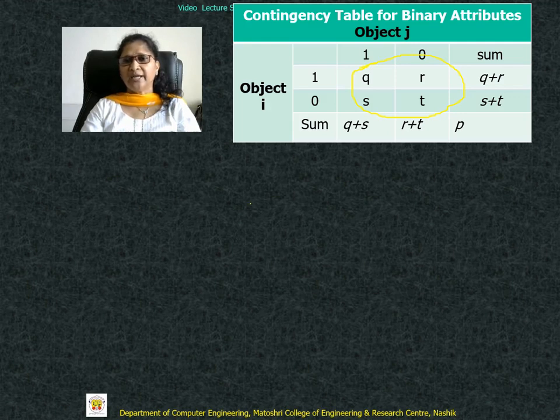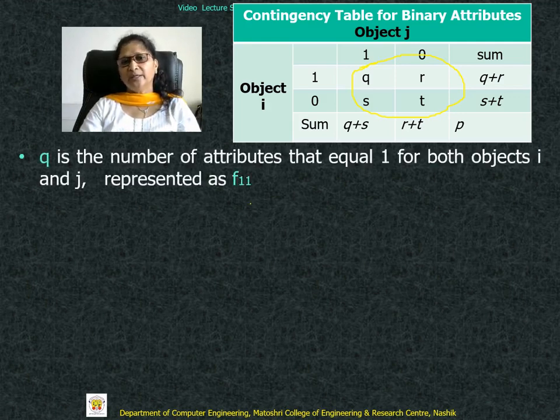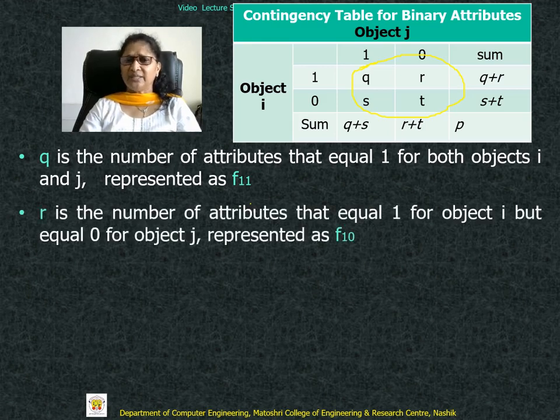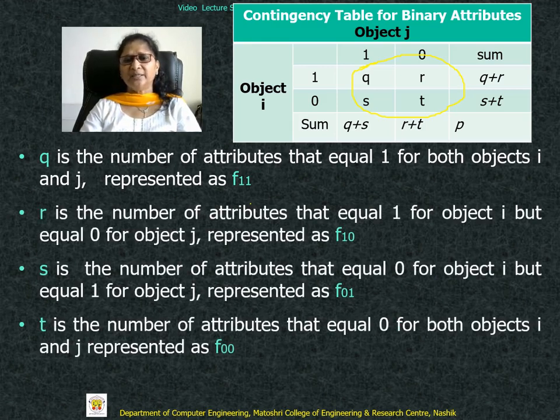For objects I and J, we count the number of attributes having both values 1, 1, named as Q. Sometimes in the literature, different variables are used for representing these values in this contingency table. We are using a notation commonly used in the literature, and the book we are referring to, Han and Kamber's book, uses this terminology.